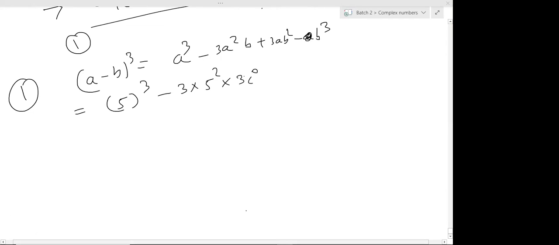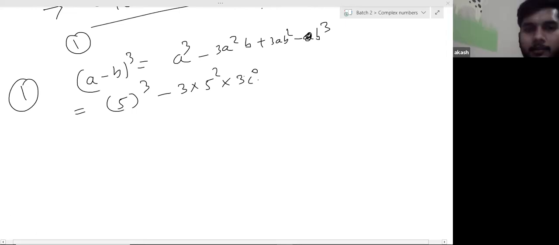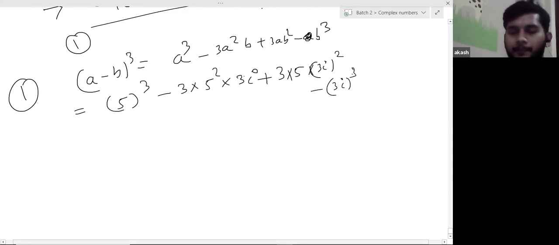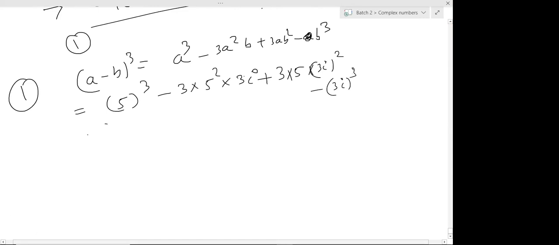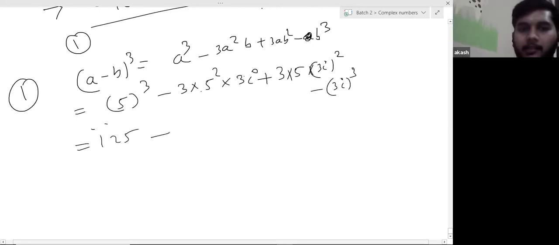Atisha, can you mute yourself? Okay. So this is 3 into a, which is 5, into 3i square, minus b cube, which is 3i whole cube. Akash, you did this? Yes, sir. Okay. Now this is 125 minus 25 into 3 into 3, 225i, plus 9 into 45 into 3 is 135i square, minus 27i cube.